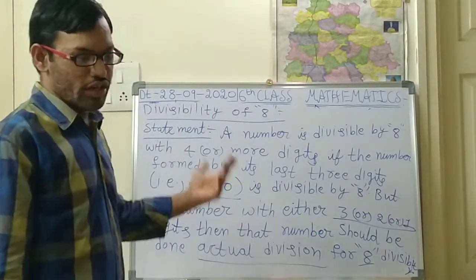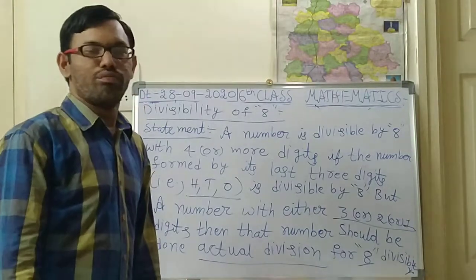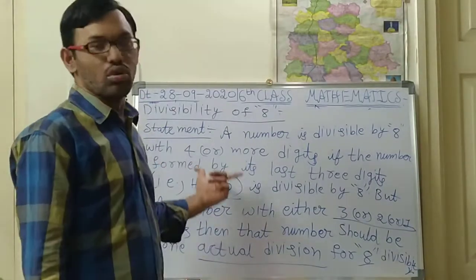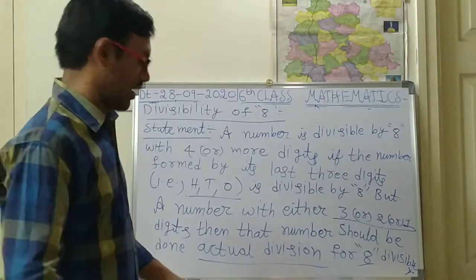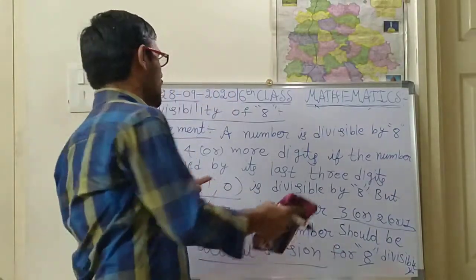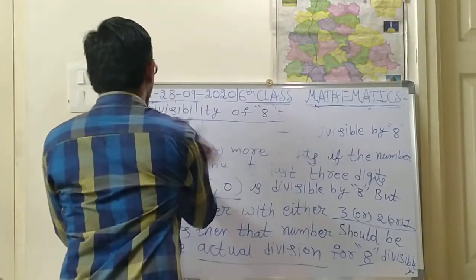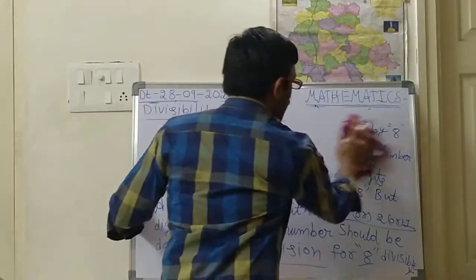So now we shall go on with some problems. We shall see how you are supposed to do this type of problems. Some example problems based on the divisibility rule of 8.